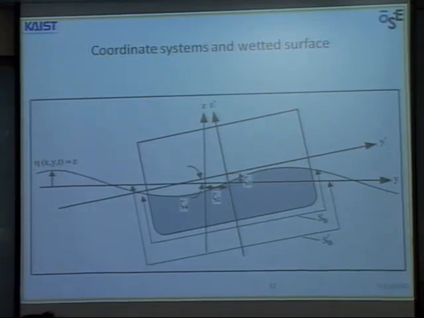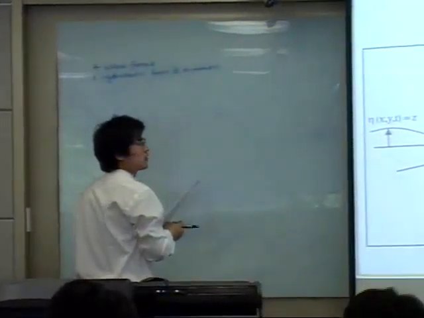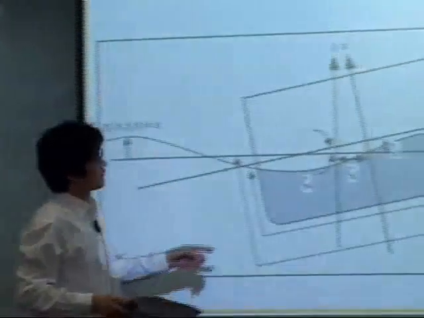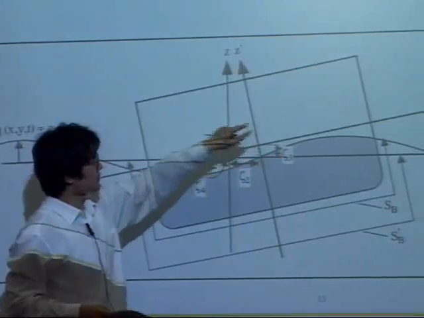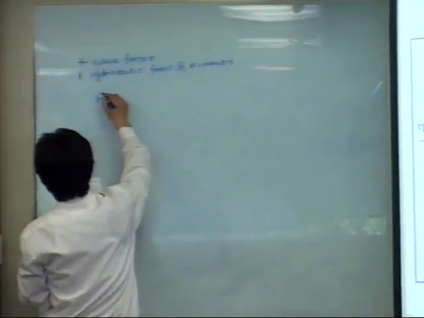Okay, and then the relationship between these two coordinate systems, or the transformation from one system to another, can be written as this.